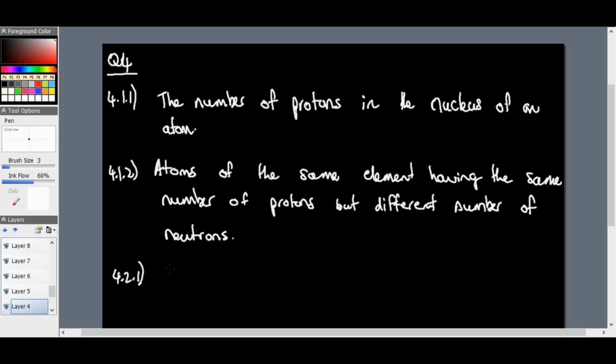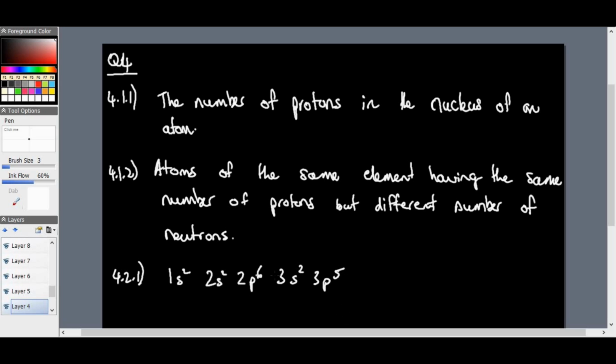So that'll be 1s2. First orbital, it's got 2 electrons. 2s2, second orbital has also got 2 electrons. Then the p orbital has got 6. We move to the third. The s orbital has got another 2 electrons there, and then the third p orbital can only fill with about 5.